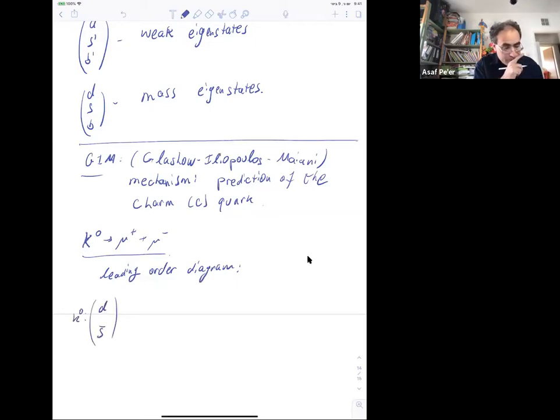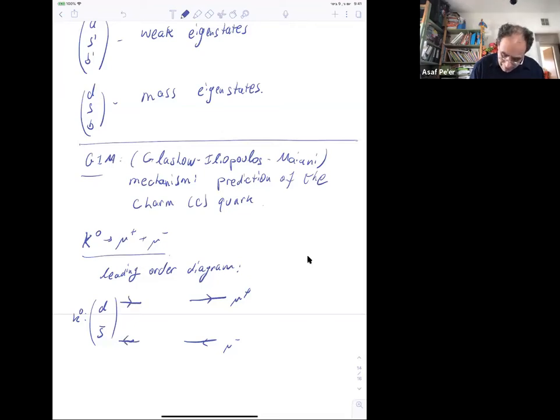So they decay into the muon plus and muon minus. I'll write it like that because it's easier to demonstrate what I want to say. It will go into a mu plus and mu minus, and that happens via the weak interaction.